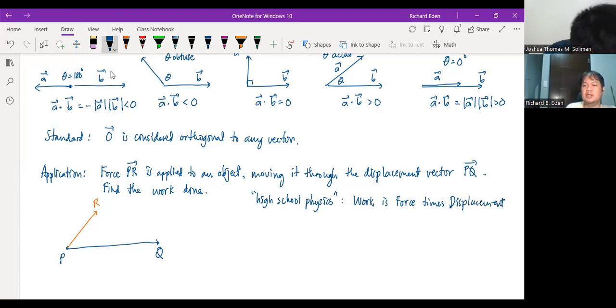But the setting was, at least from what I remember from my high school classes, that the force exerted and the displacement are in the same direction.